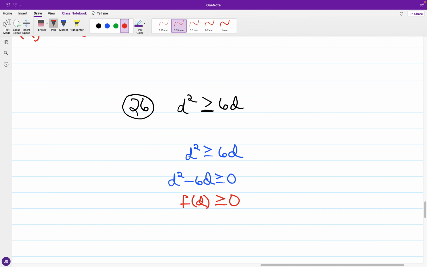And I can determine what the zeros will be. Instead of the inequality, I locate the zeros I'll be using in the table.